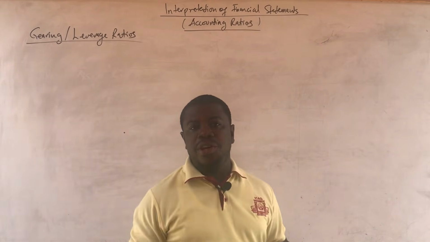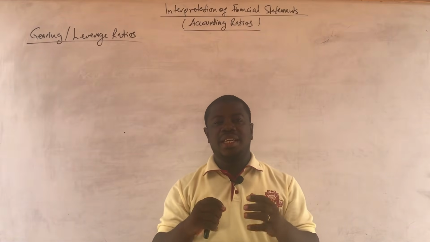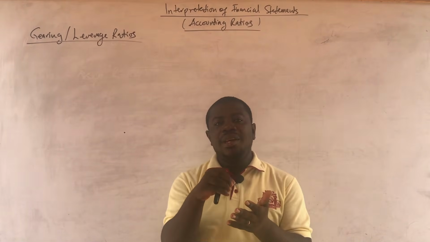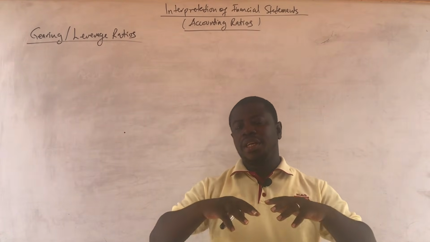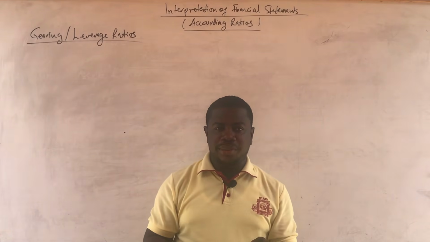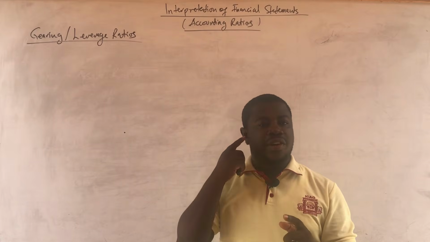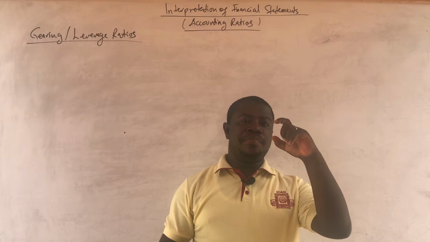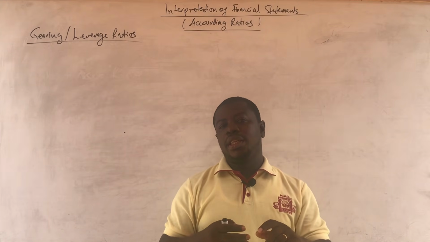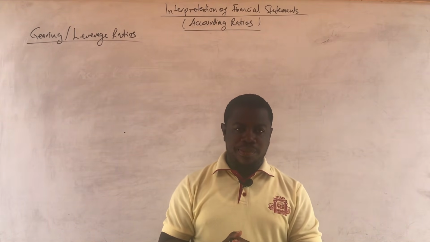Now these are ratios that measure the quantity or the element of debt in your capital structure. Okay, every company runs with a capital structure. Now this is the meaning of capital structure. It refers to the mix of debt and equity that you are using to run the company.